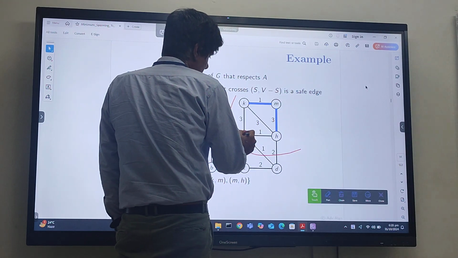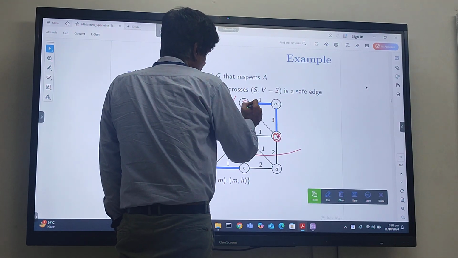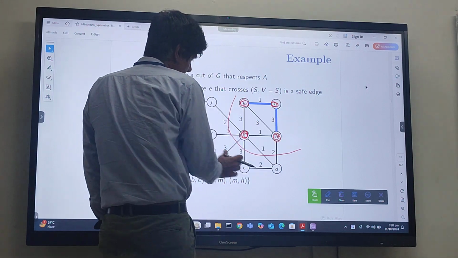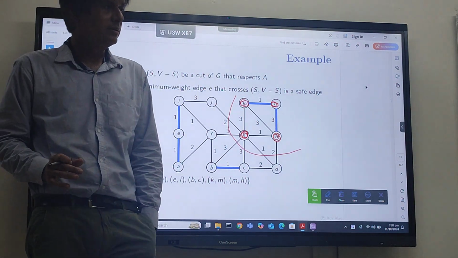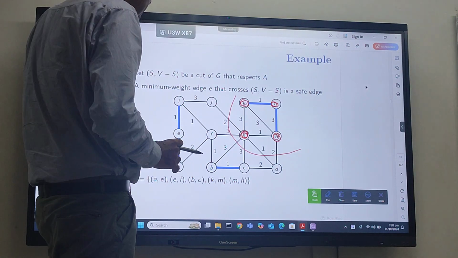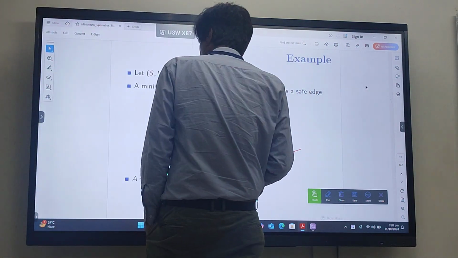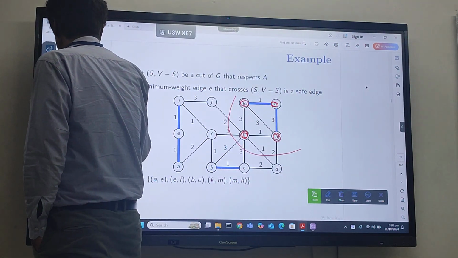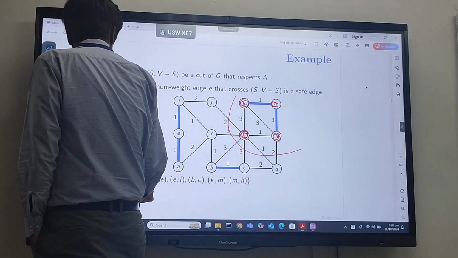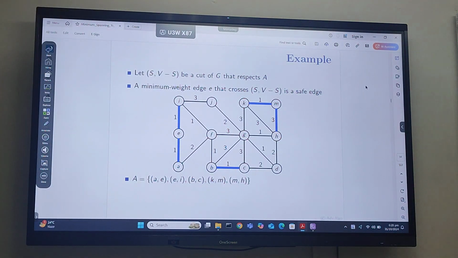So this part becomes one color and this other part becomes another color. So this one respects A. So this is a partition.